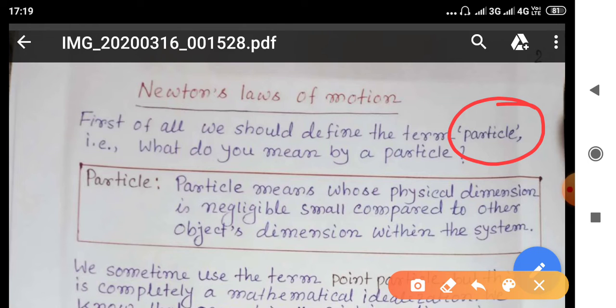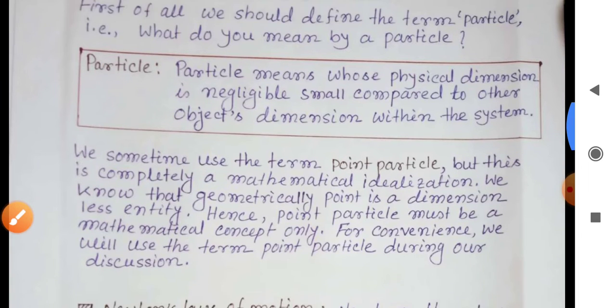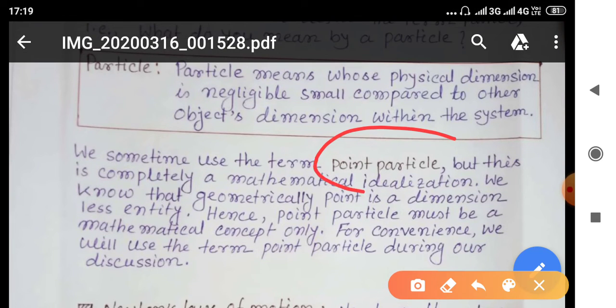What do you mean by a particle? If we consider a system consisting of several objects, a particle is an object whose dimension is negligibly small compared to the other objects within the system. And sometimes we will use the term point particle. So what do you mean by a point particle?